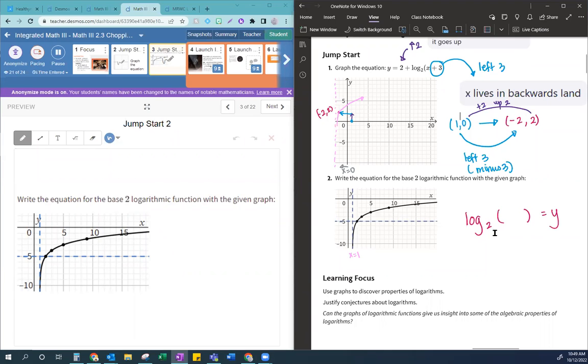So I do know that there's going to be an x here, and I'm just asking 3 questions. Number 1, do I have an x shift, a horizontal shift? Number 2, do I have a vertical shift, which would live right here? And last but not least, do I have a stretch, meaning a multiplier in front of that log?